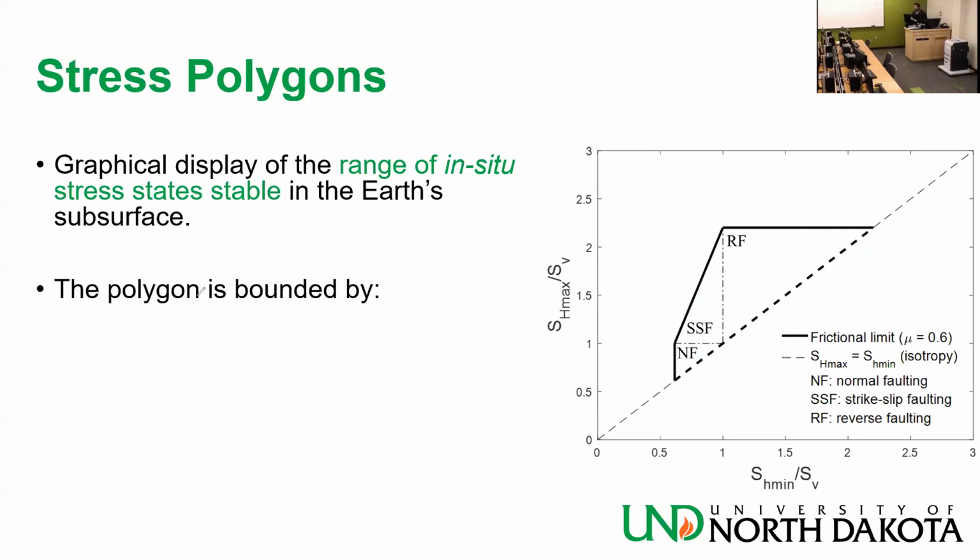But the range of stable stress states that are normal faulting is smaller than strike slip and reverse faulting, which is a little bit surprising. You have more reverse faulting stress states that can be stable in the Earth subsurface than you have strike slip or normal fault. So that is something to remember because it's quite surprising, or counterintuitive a little bit.